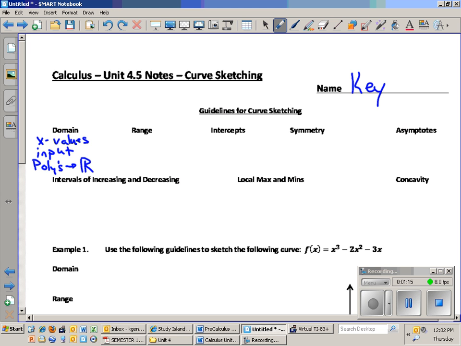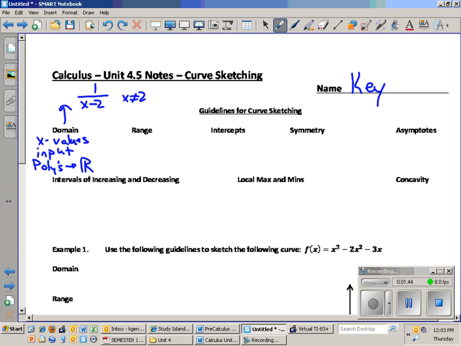So if you're given a polynomial, the domain can be all real numbers. But if you're given a rational expression, let's think about domain for something like, say, 1 over x minus 2. What would the domain be there? All real numbers except for 2. So you would say x not equal to 2. So there's where we want to think about those pieces, okay? So for domain, that's kind of where we're going to move our brain.